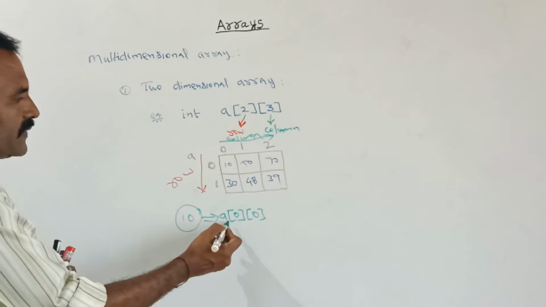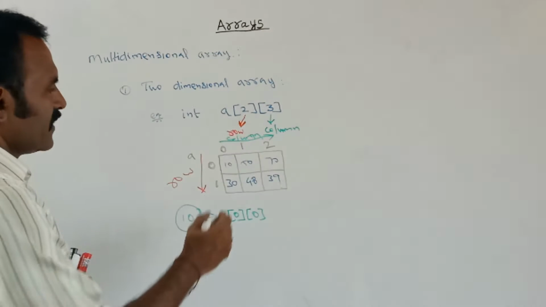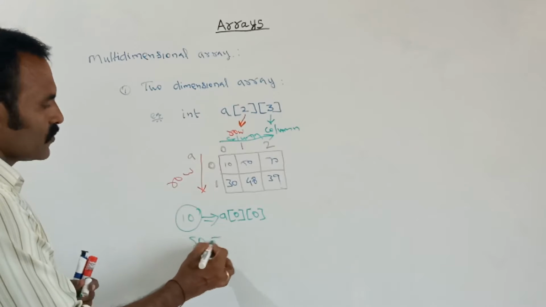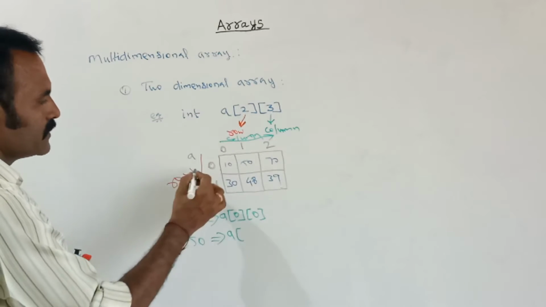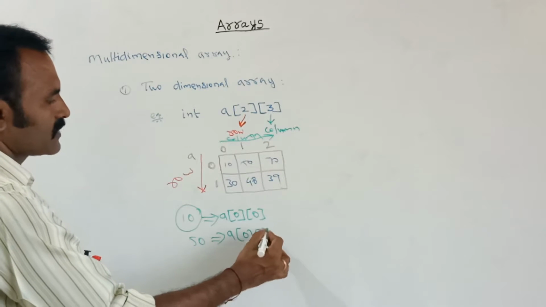What is the value of a of 0, 0? It is 10. In a similar way, suppose you take 50. Where is this 50 stored inside the variable a? It is in the 0th row and column 1, the first column.